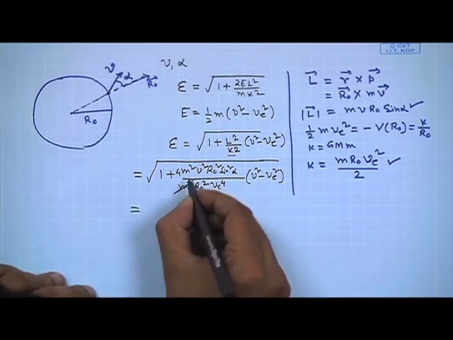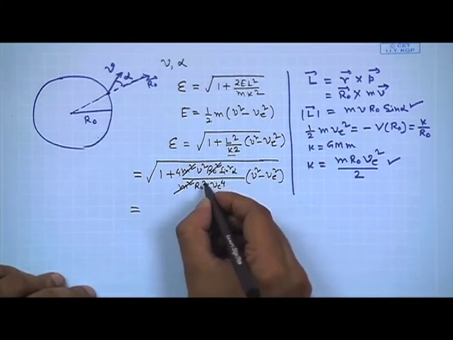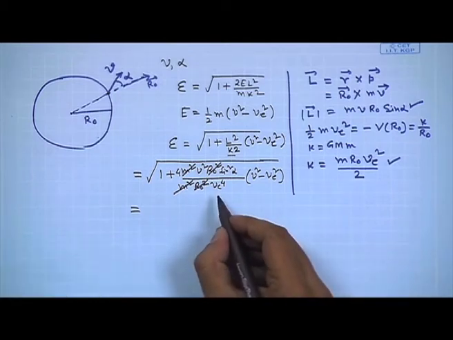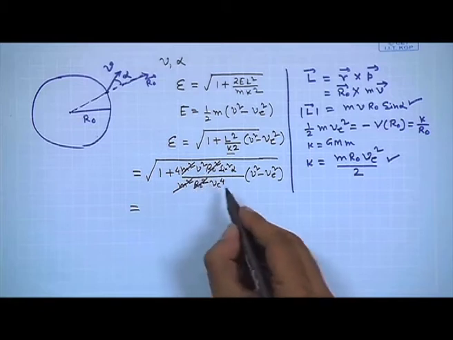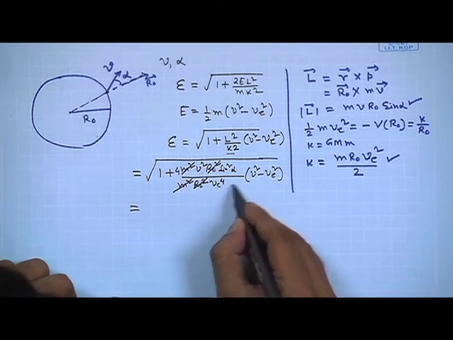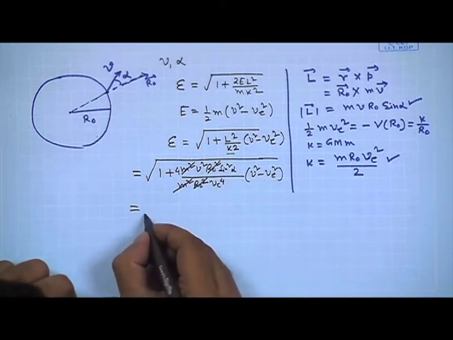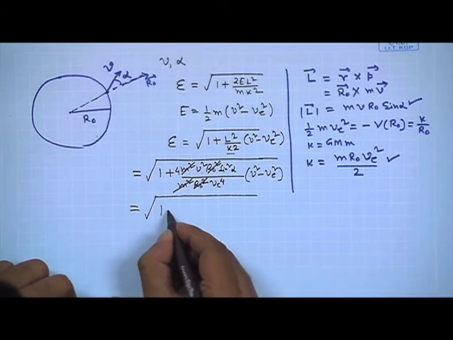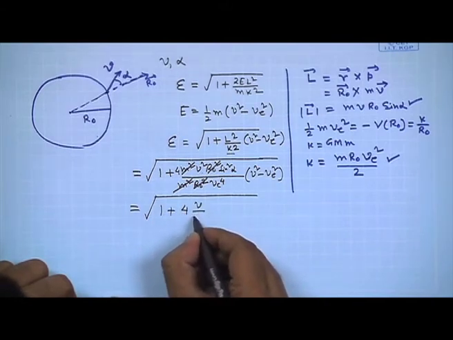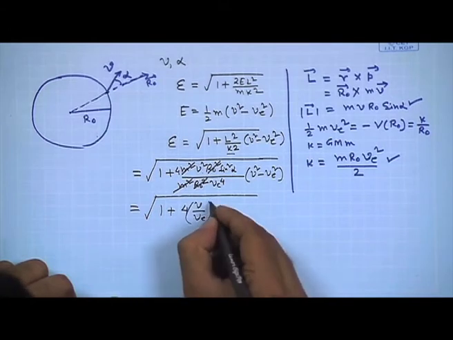The 2 will go up as 4. Now, this 2 cancels, this 2 cancels, leaving behind, and then there is a v square here and v to the power 4 here, so we can take v square inside this bracket.